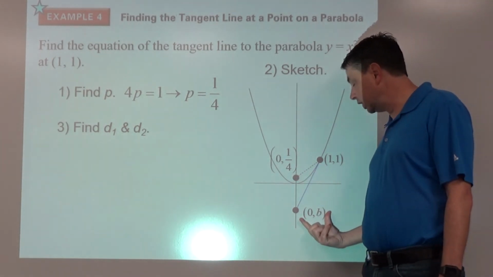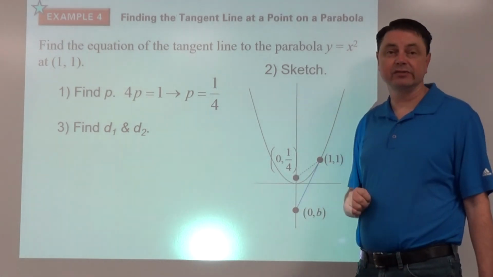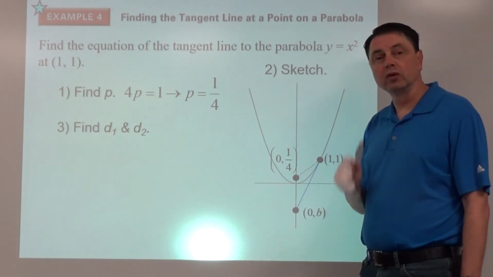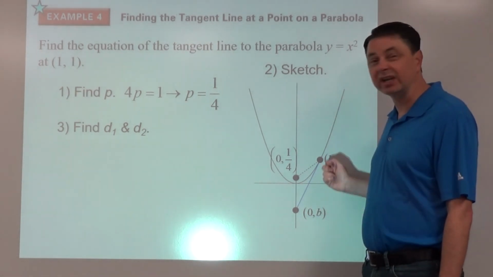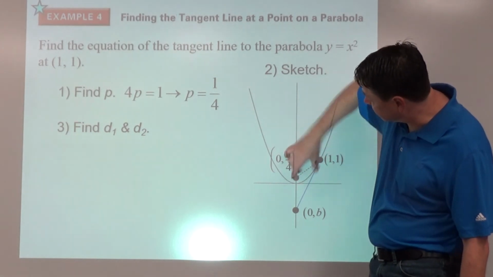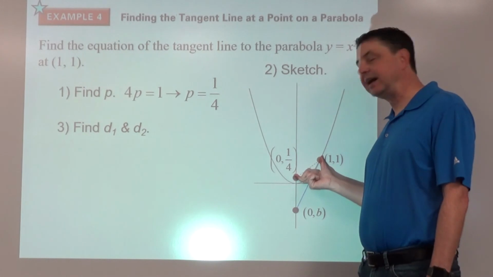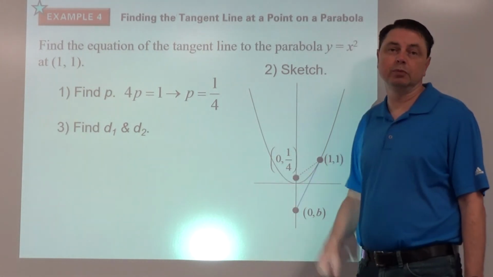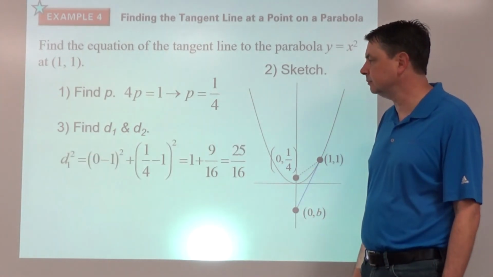And we have an unknown y-intercept, as the y-axis is our axis of symmetry, so we need to figure out what this is. Remember, this angle here and this angle here are congruent, because we're talking about a tangent line to a parabola. That means this distance and this distance are the same. So let's use the distance formula to find the distance between these two points.